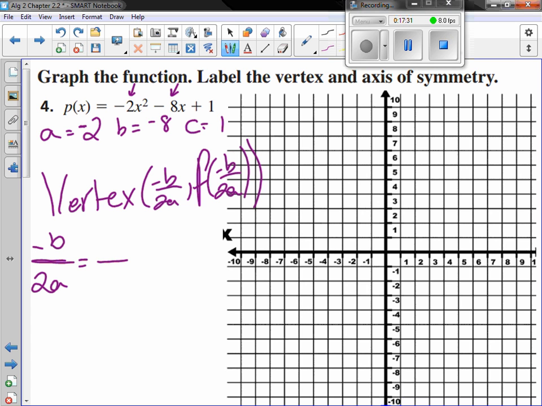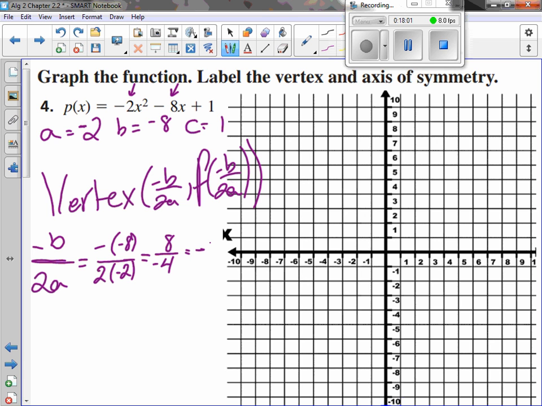Now to find the vertex, the first thing we need to find is negative b over 2a. We found our value of b is negative 8. So what we'll have is what? Negative 8 over 2 times negative 2. We're plugging in for a and b. Well, negative 8, 2 times negative 2 is negative 4. 8 divided by negative 4 is negative 2.